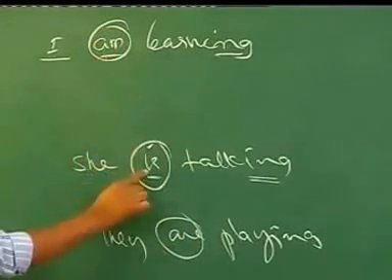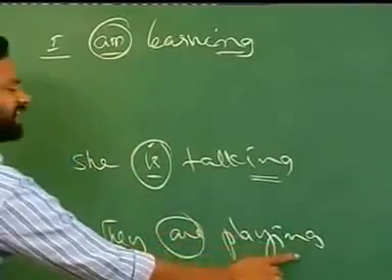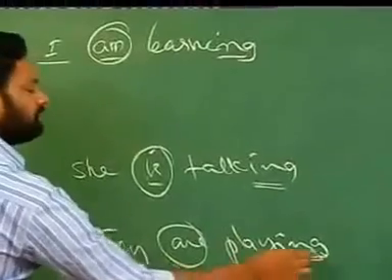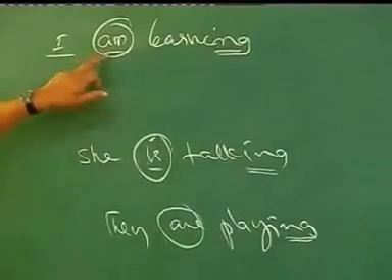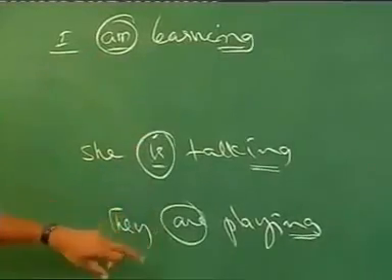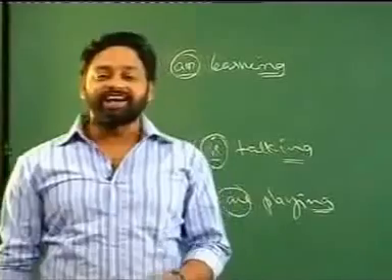Whenever we take am, is, are, after this the verb must be in the ing form. Whenever we take these present be forms, after that the verb must be in the ing form.